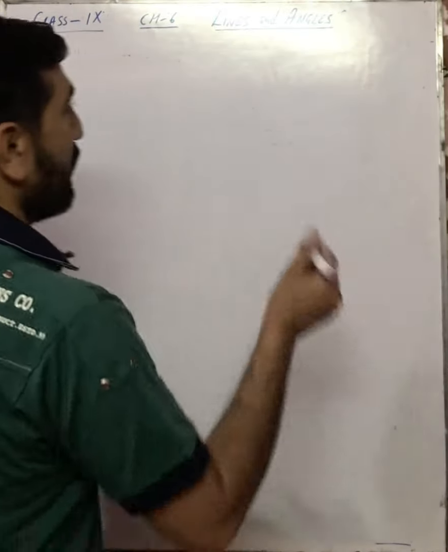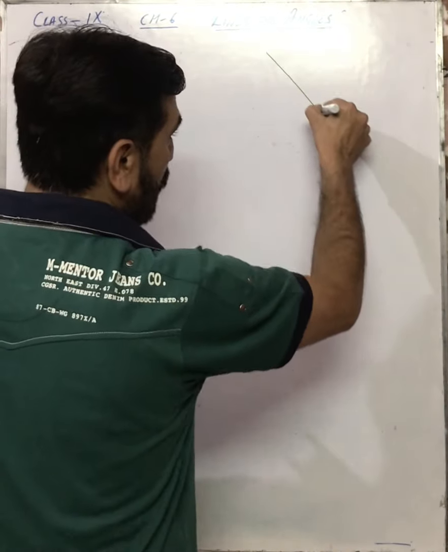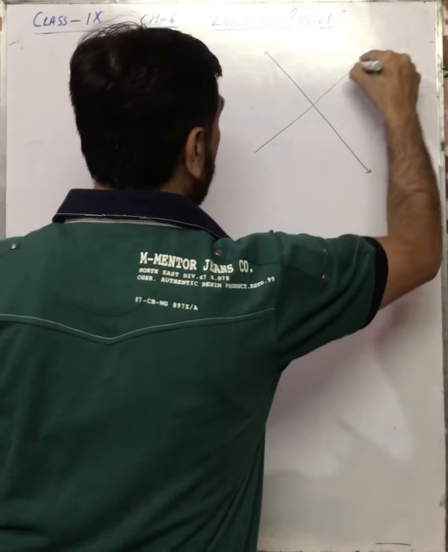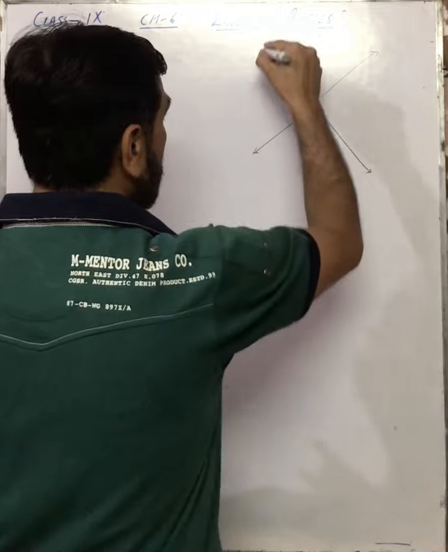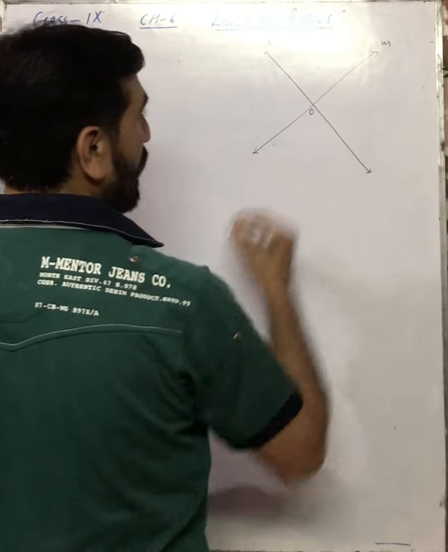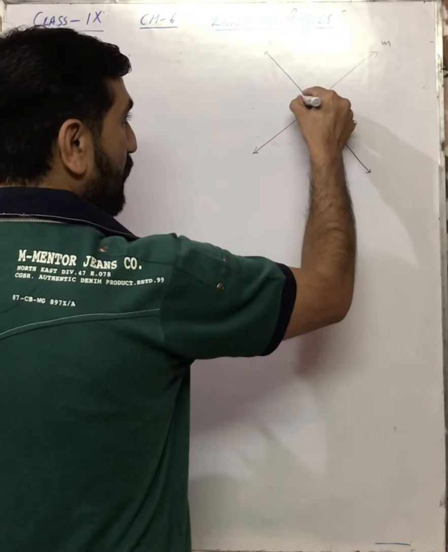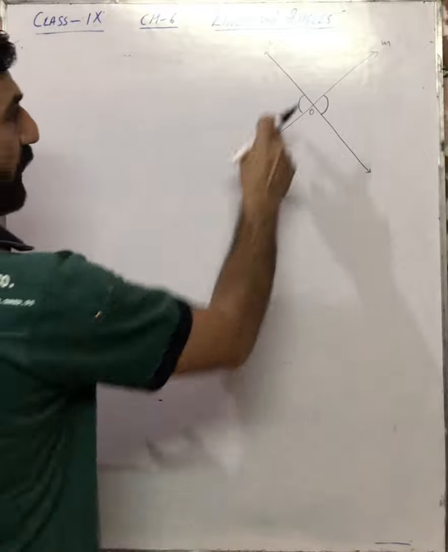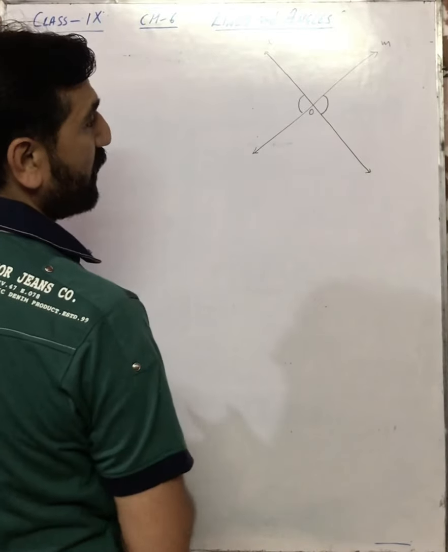And then comes the most important type of angles which we are using in this chapter, vertically opposite angles. If two lines, say L and M, intersect at a point, say O, the angles formed on the opposite sides of the vertex with two different arms are called vertically opposite angles.